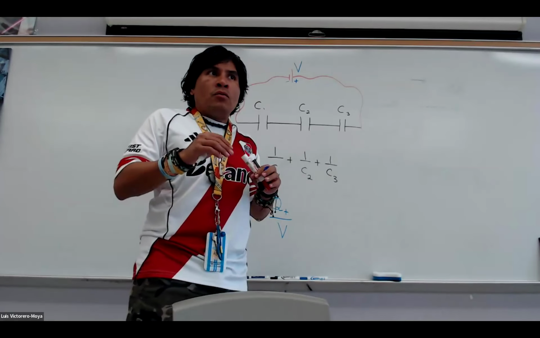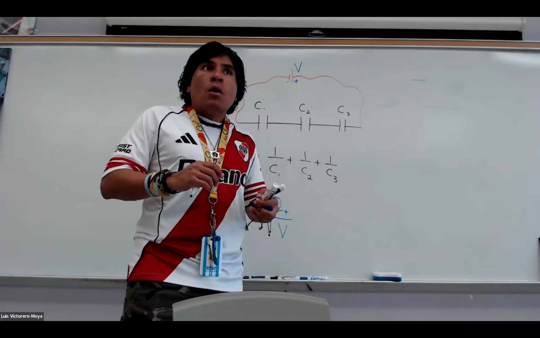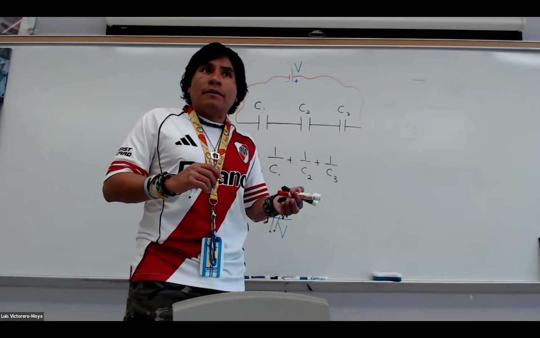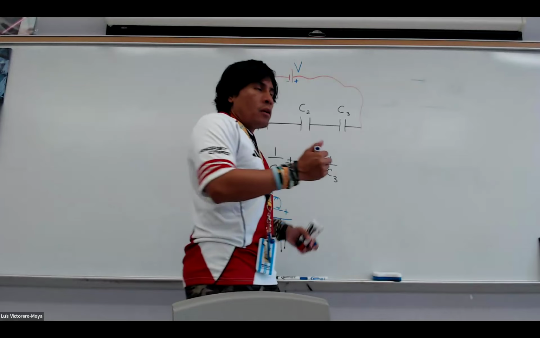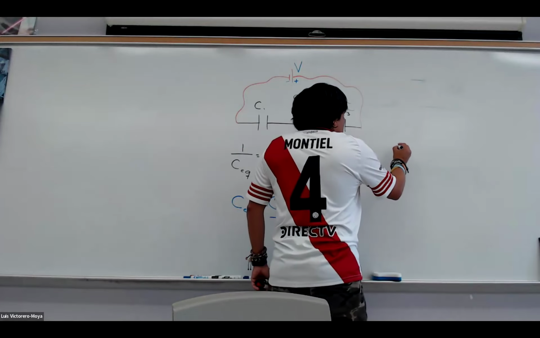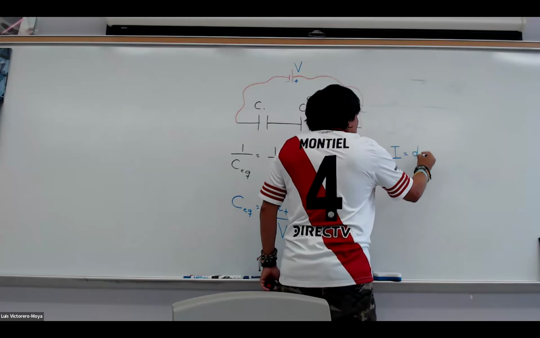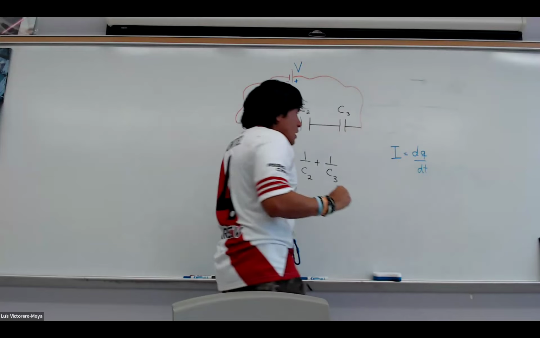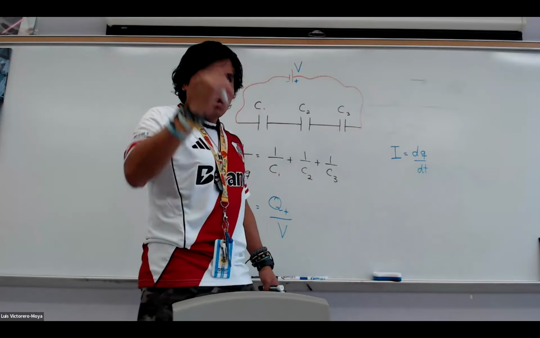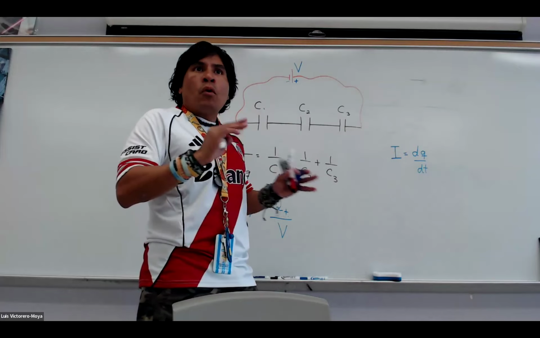Some of you may do this lab at the time when you have discussed properties of electric current. So current, that's for later for other types of circuits, but current is defined as the rate of change of charge, or the first derivative of charge with respect to time. Coulombs per second, amperes. So charge and current are proportional.